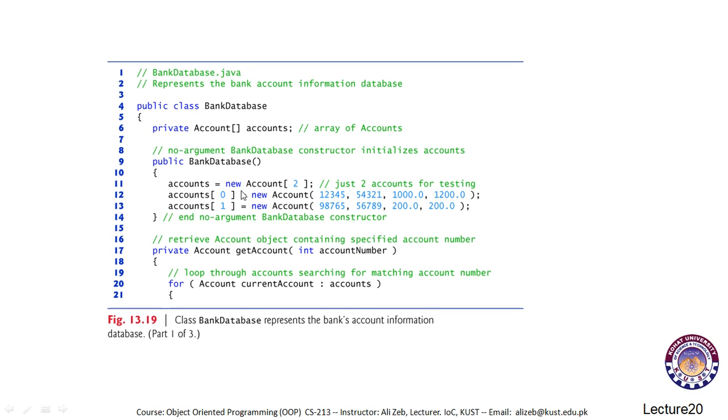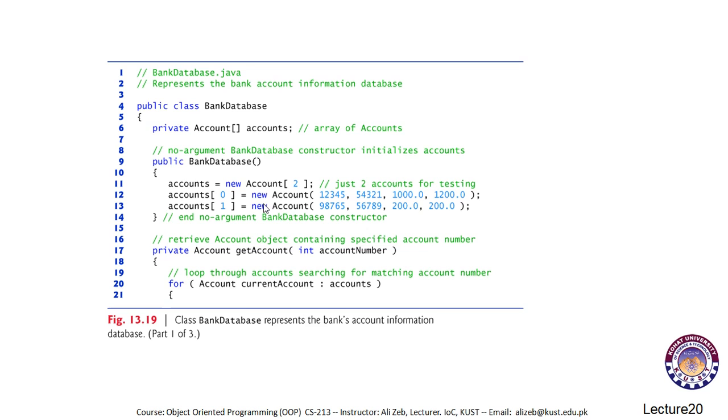Since we are not connecting to a real database, we'll be covering databases in our future lectures, we only simulate that we have an array of accounts and we have hard coded our account details into the elements of that array.